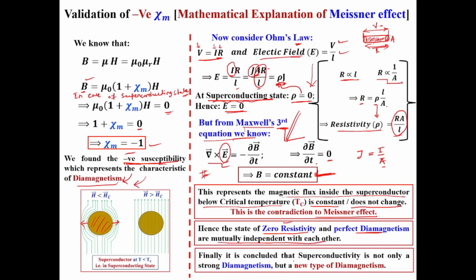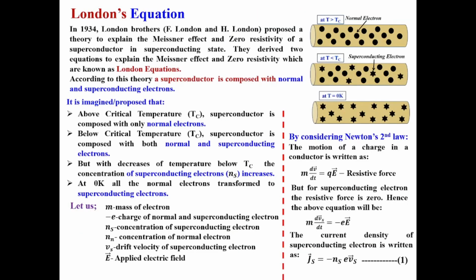Finally it is concluded that superconductivity is not only diamagnetism but a new type of diamagnetism. This new type of diamagnetism is explained by the London brothers, in the famous equation called London's equation. Then after that the BCS theory came to explain superconductivity.